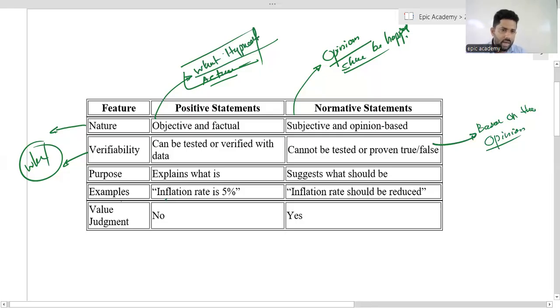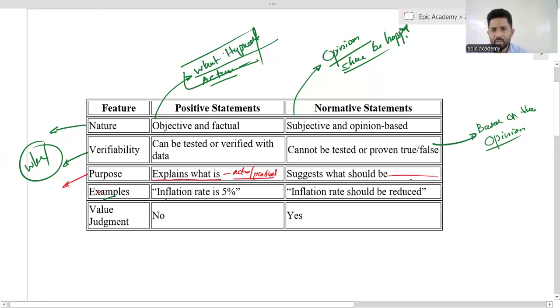On the other hand, the third feature is purpose. The purpose of a positive statement is to explain what is, the actual or practical situation. But a normative statement suggests what should be.